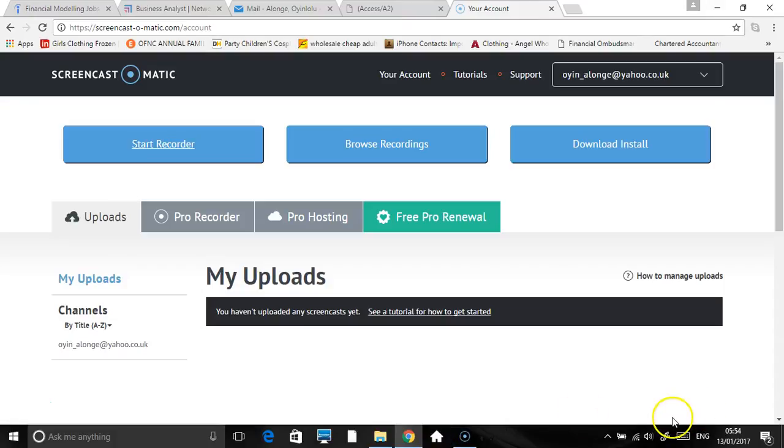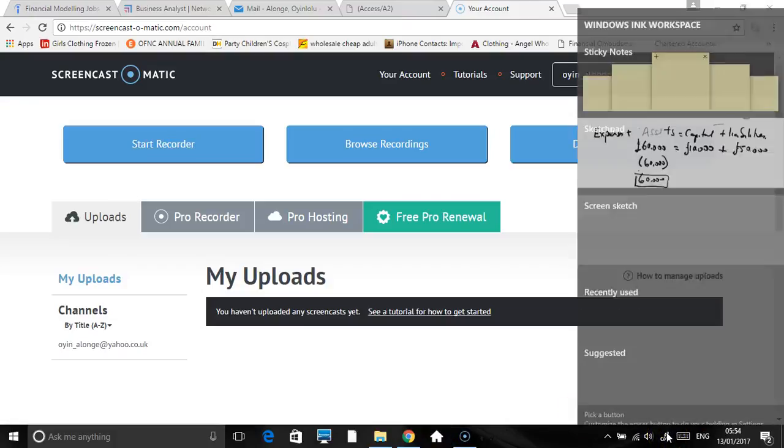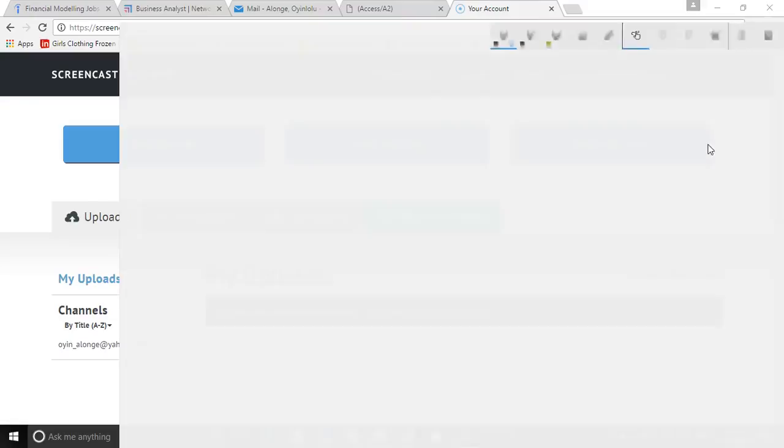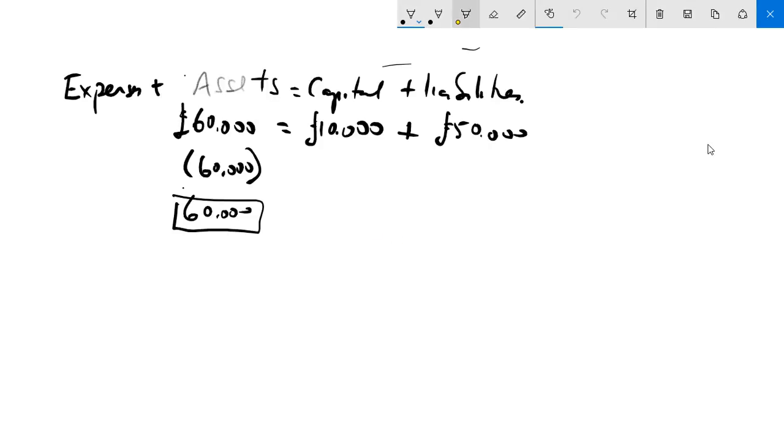So let's just go back there again. We are buying these expenses worth £60,000, and this is recognized with the letter E. Then let's now sell these dresses.